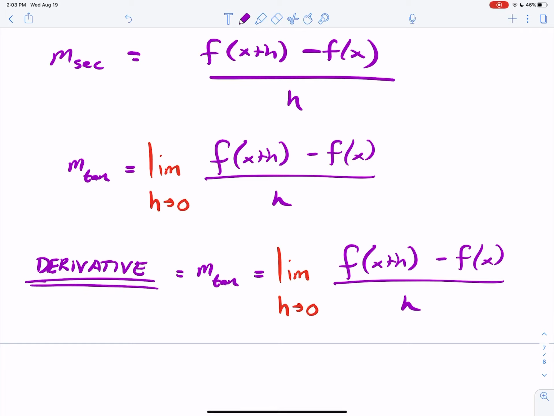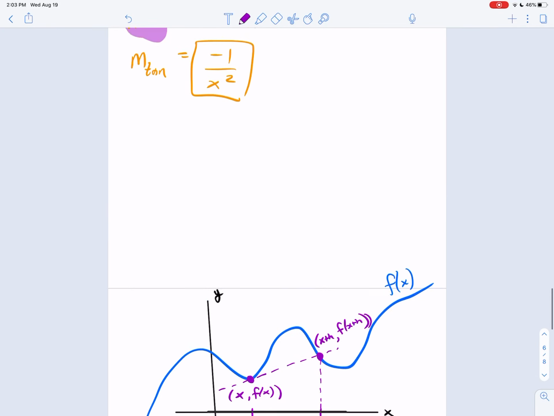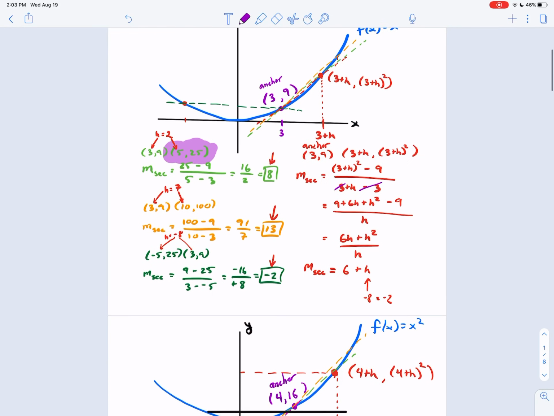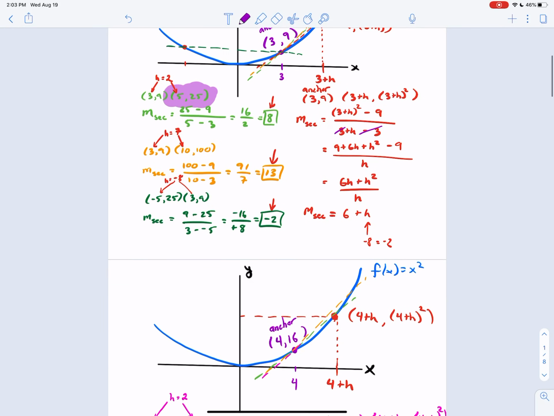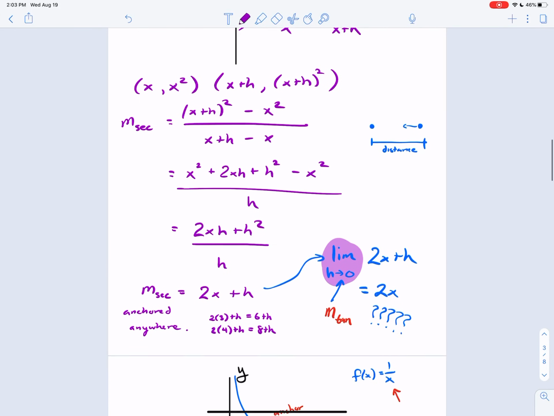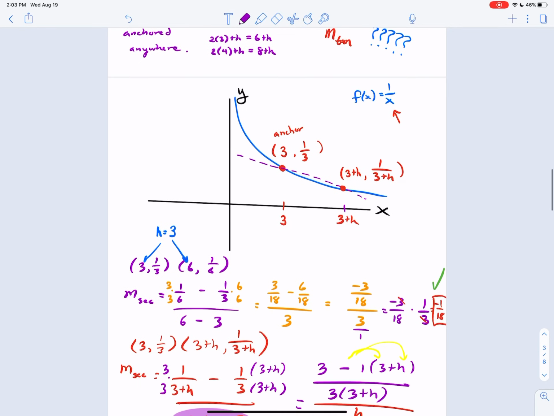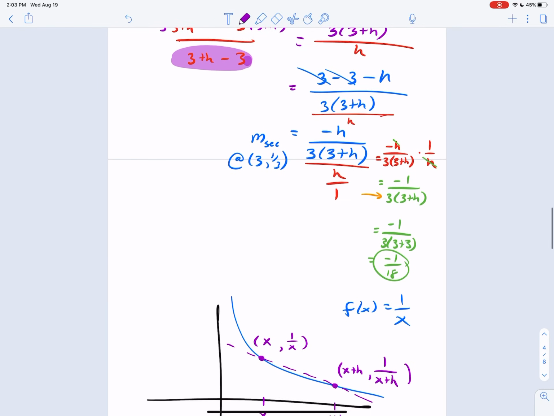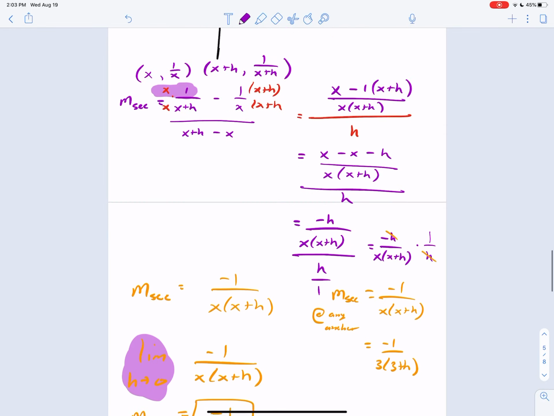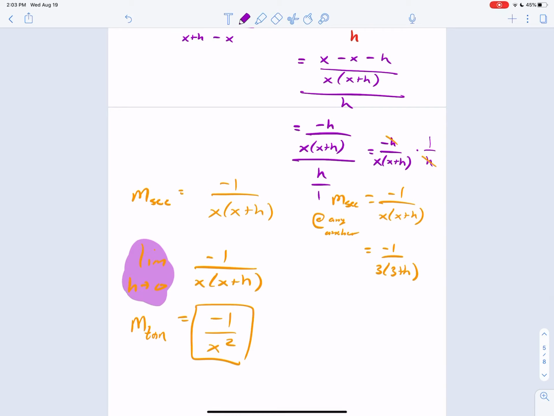So look, to wrap this up, you guys, you don't have to produce this, but you got to understand the logic behind it. We went from finding slopes of secant lines at several places from several functions, and we were able to generalize it. And up to the point where when we incorporated the concept of our big idea number 1, limits, when we made our 2 points get so close to each other, we notice that that secant line actually transforms into a tangent line.